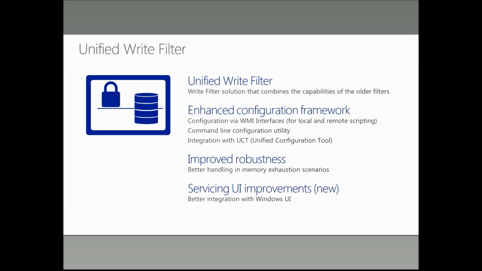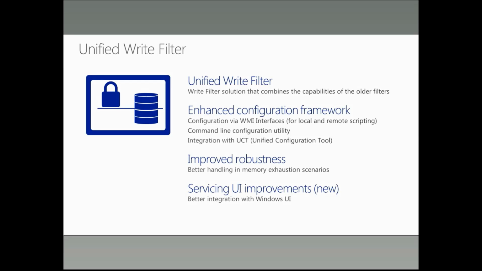We can filter partitions, we can filter files, and we can do registry holes, so the registry is not filtered if you want. We can configure the memory management of the write filter, making sure that it sends a system event when the RAM overlay, or the RAM space that you dedicated to the write filter, gets full, so you can either clean it up, commit, reboot, or send a message to an administrator.